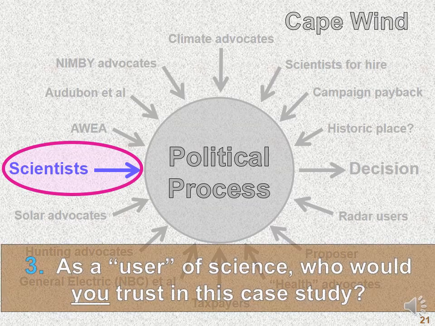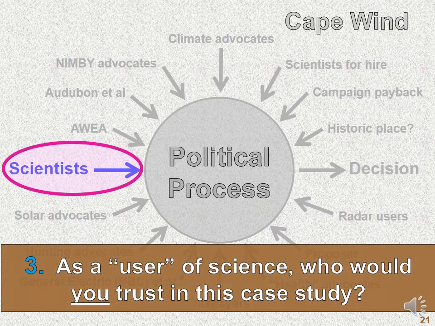Third lesson learned. As a user of science, imagine if you were the policymaker who had to decide on this project. You had to make a decision whether this project ought to go forward, it ought to get a permit or not. So you were a user of science, along with every other source of information coming into this case study. Who would you trust to present policy-neutral information?